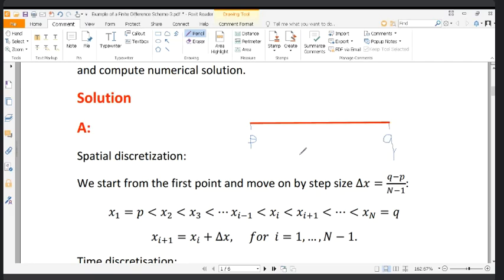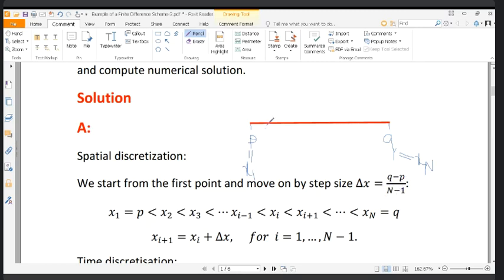When we want to use the endpoint in this domain, delta x equals q minus p over n minus 1, and we put p equal x1 and q equal xn. To compute delta x, we put delta x equal q minus p over n minus 1.